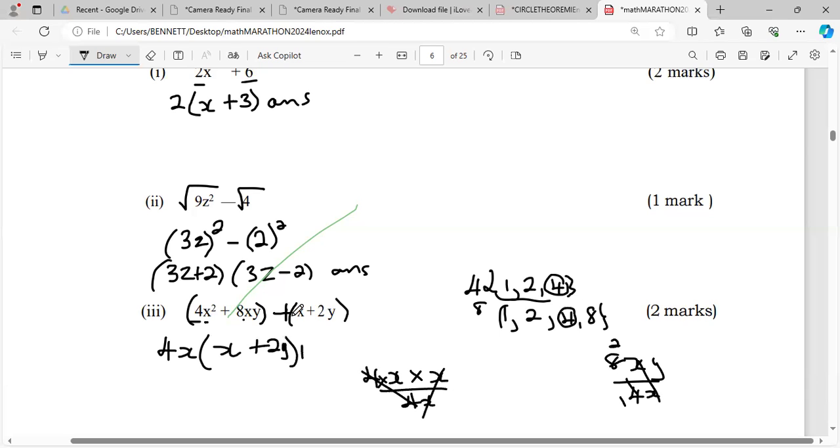What's common here? Definitely 1, right? So you take out the 1, 1 into x leaves x, 1 into 2y leaves 2y. And of course, this is common to both brackets, so you take out x plus 2y, and then what's outside, which is the 4x plus 1.